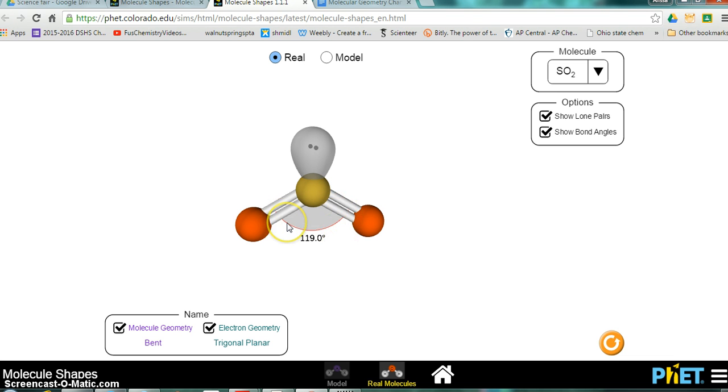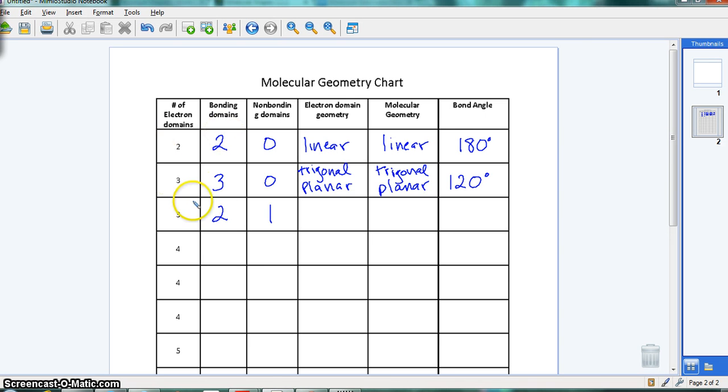So with 2 bonds and 1 lone pair, it's still a trigonal planar electron domain geometry because it's still 3 groups of electrons, but now it is a bent structure, and our bond angle is slightly less than 120 degrees.